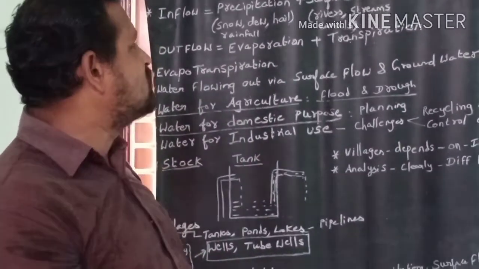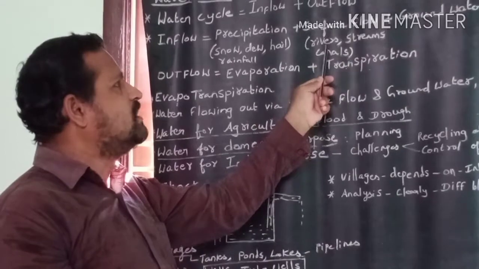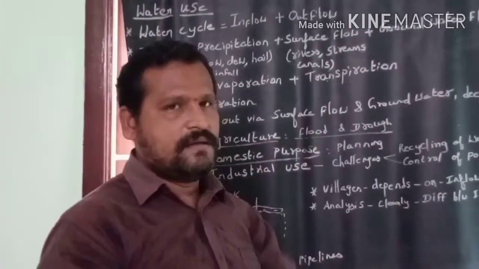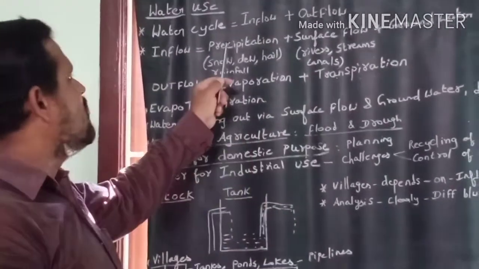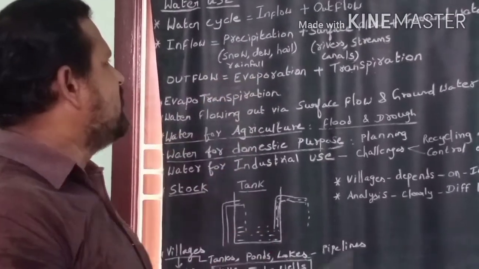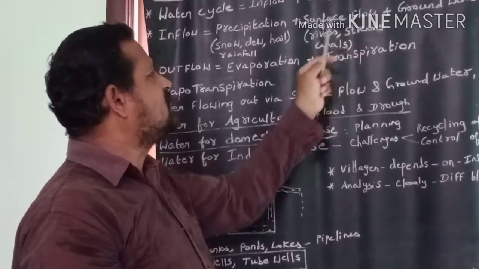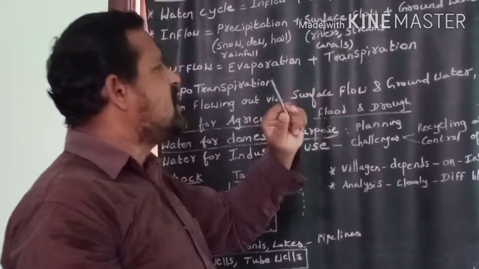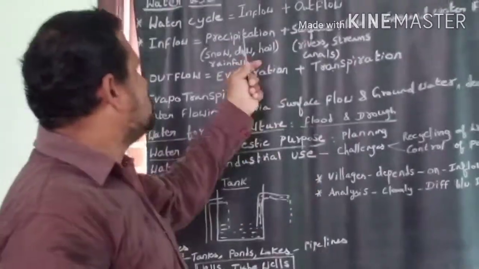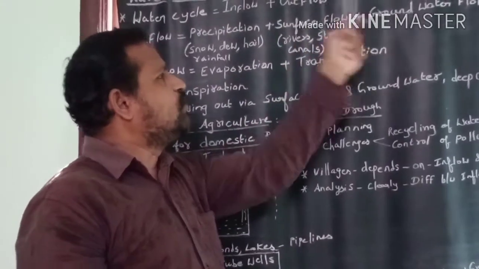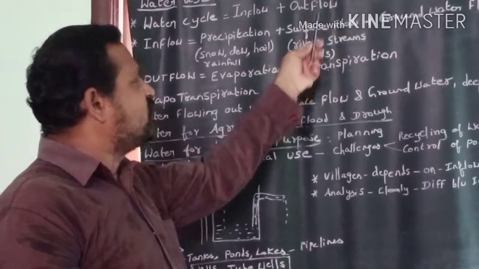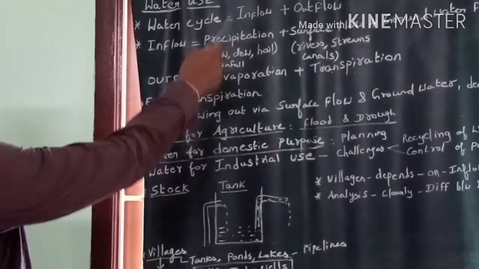The same area gets water from surface flow like rivers, streams and canals, and also from groundwater. Hence the area gets water from precipitation, surface flow resources and groundwater resources, so we should estimate the precipitation, surface flow and groundwater flow to estimate the inflow of an area.